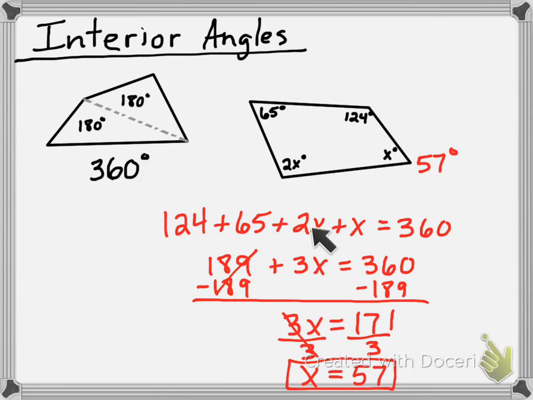Well, since x is 57, that says 2 times 57. So this angle is 114 degrees, because 2 times 57 is 114. So once I found x, I still had to plug it in to find my angles. And now I've found all the missing angles. And if you notice, if I add all four of these numbers together, I get 360 degrees.